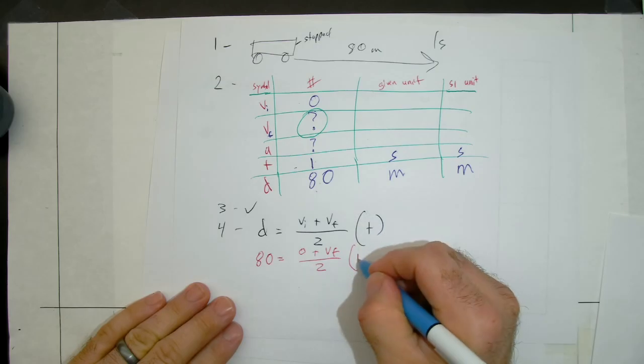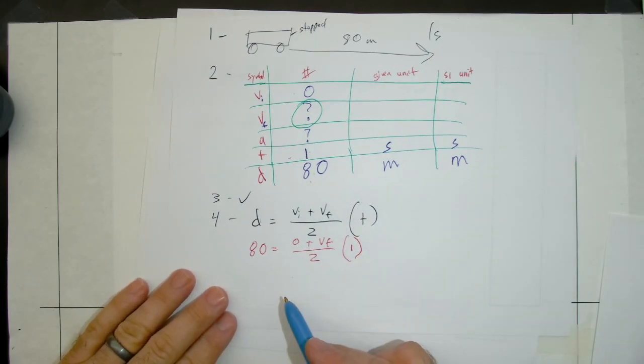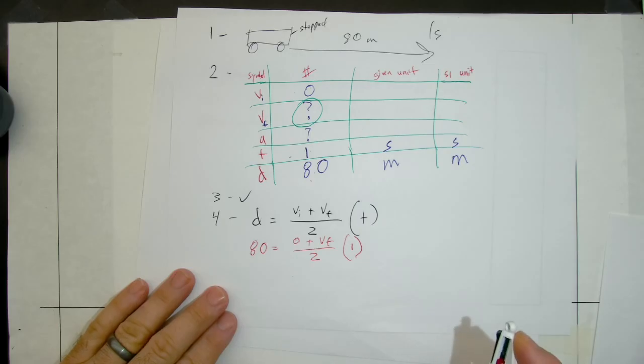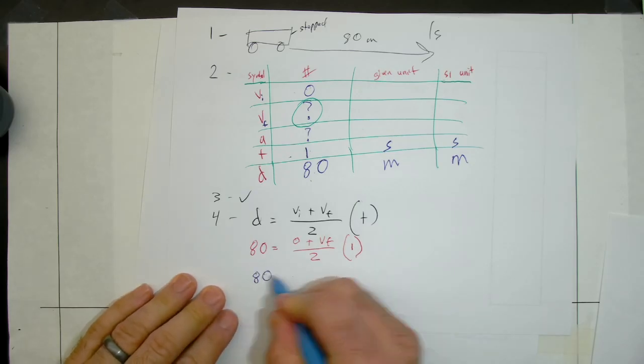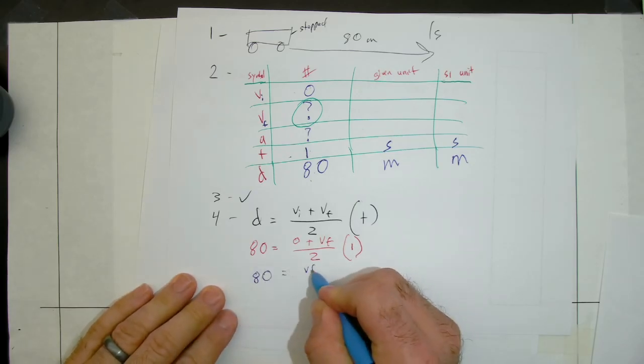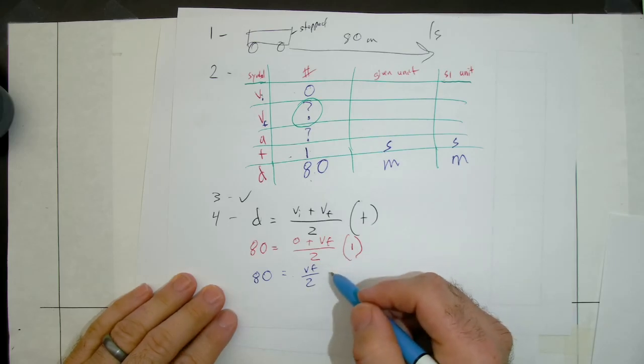What is t? That's a value of 1. Then we can continue to work this. 80 equals VF over 2 times 1. That cancels out, so we're just left with that.